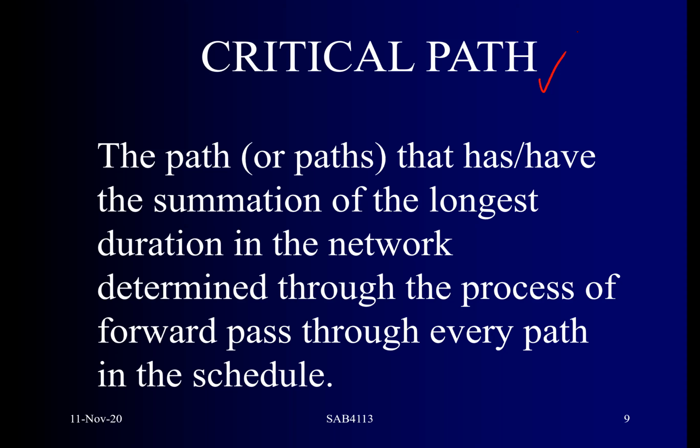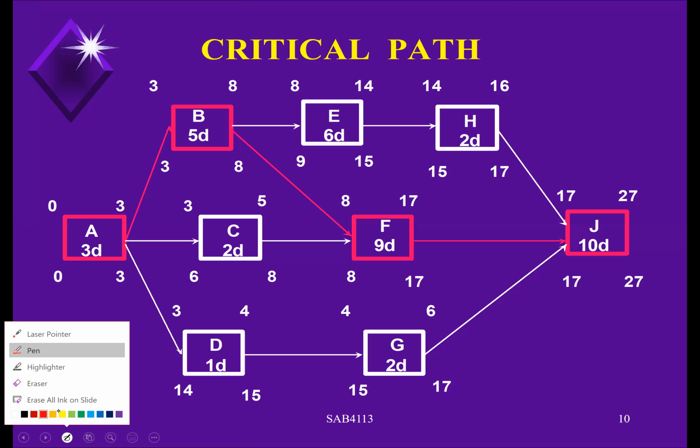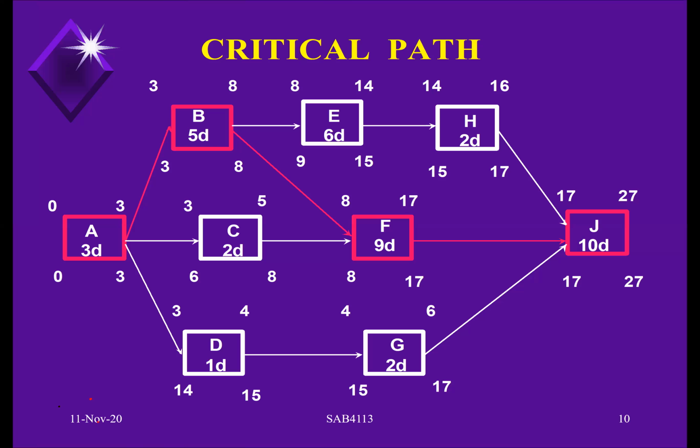All right, we do have an example here. If you look at this diagram, when there is a box and the activity is written inside the box, this must be an AON diagram, not an AOA diagram.